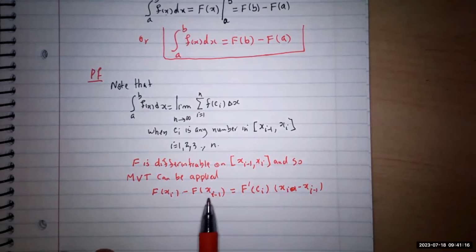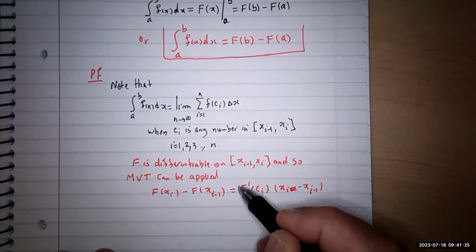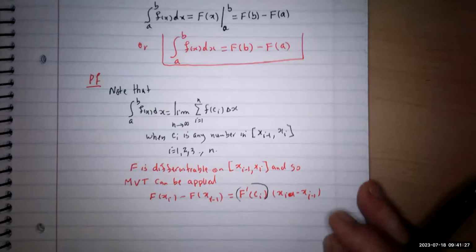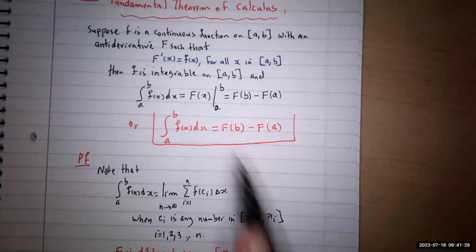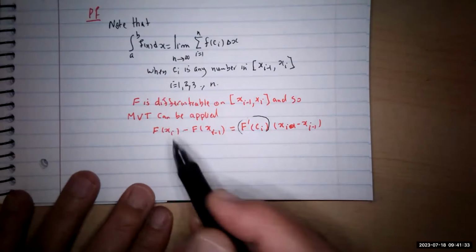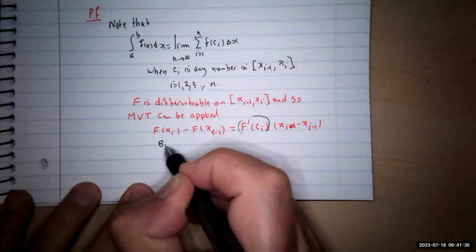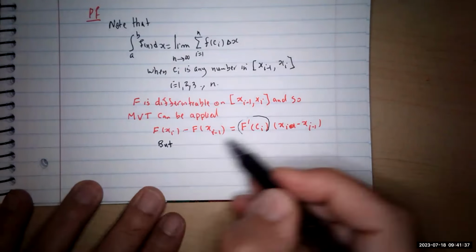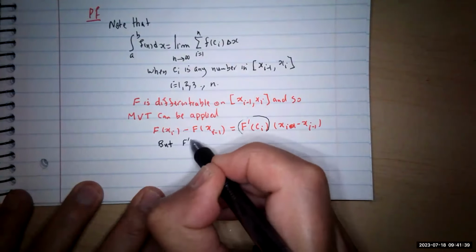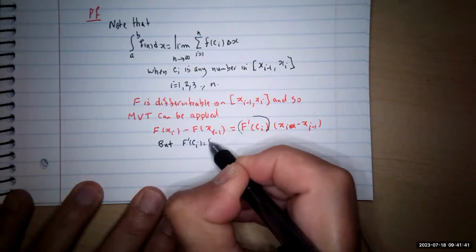Remember, f of b minus f of a equals f prime of c times b minus a. But see, this f prime, the antiderivative, is equal to f of x. So f prime of ci is simply f of ci.